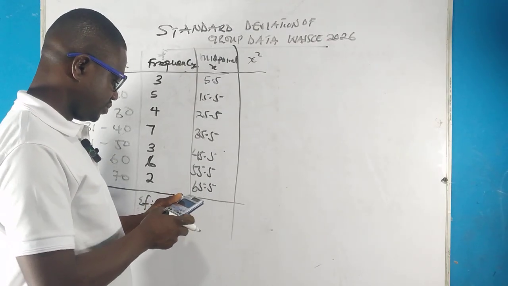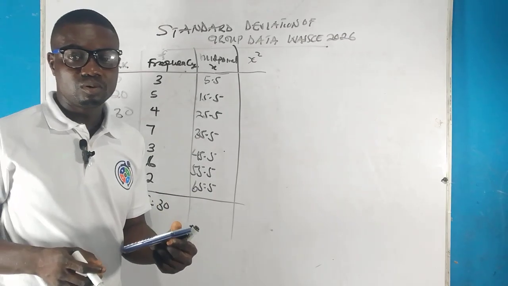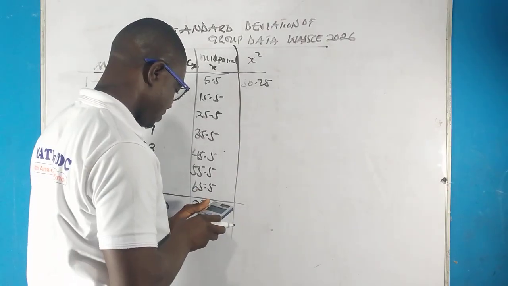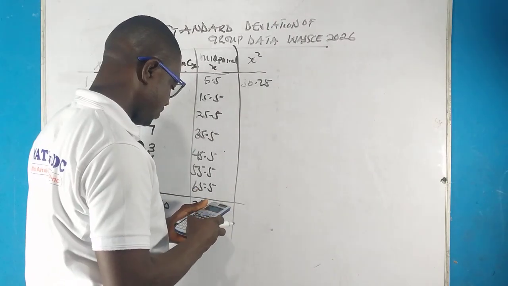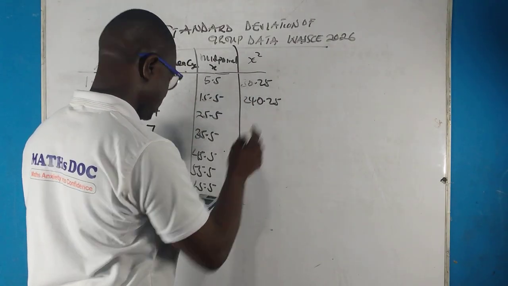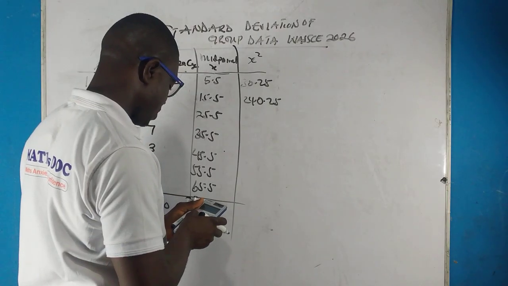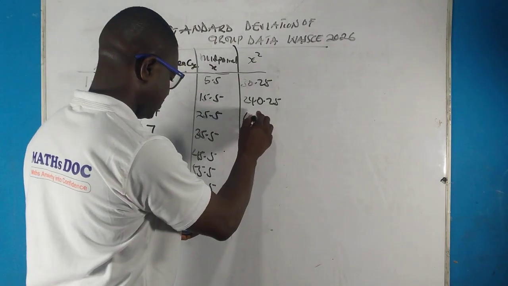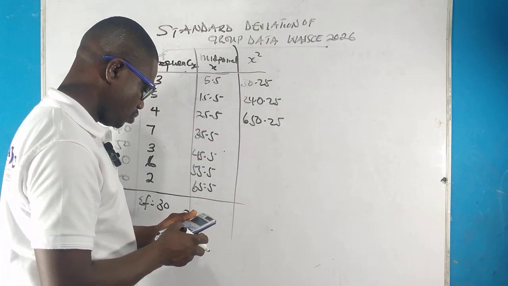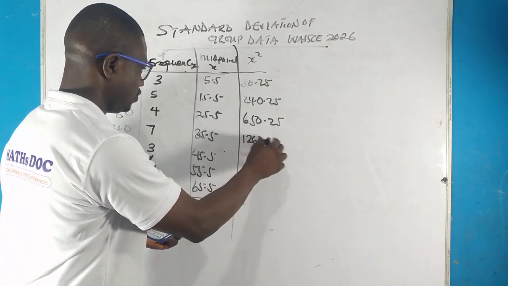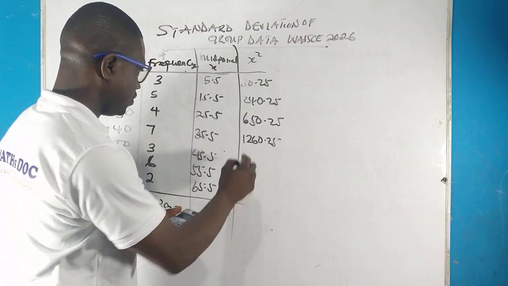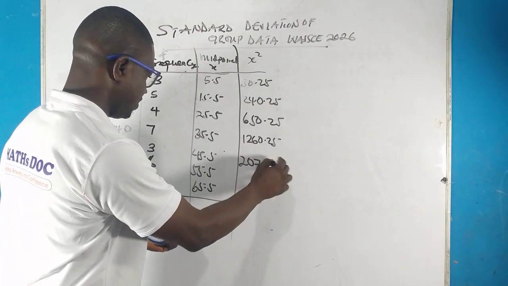So squaring the numbers, 5.5 squared will give you 30.25. 15.5 squared will give you 240.25. 25.5 squared will give you 650.25. 35.5 squared will give you 1260.25. 45.5 squared will give you 2070.25.